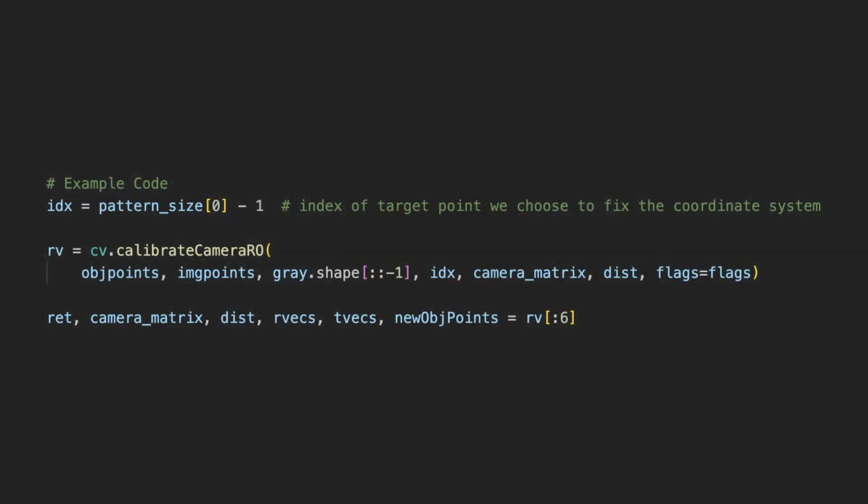And the optimization algorithm optimizes both the camera parameters, distortion coefficients, and camera poses, and the locations of the target points. We still have to provide coordinates of the target as a starting point for the algorithm, but they will be adjusted during the optimization process.